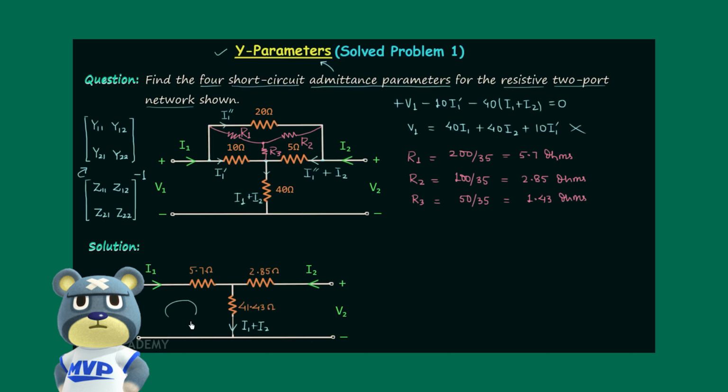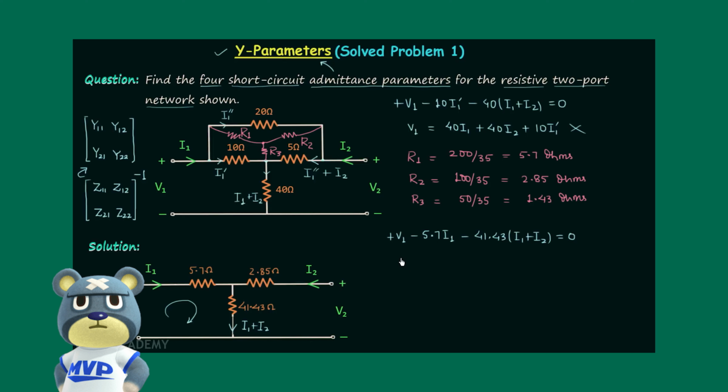Now let's apply the KVL in this loop. We will have plus V1 minus 5.7 multiplied by I1, then minus 41.43 multiplied by I1 plus I2 equal to 0.